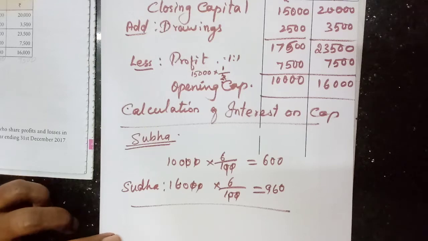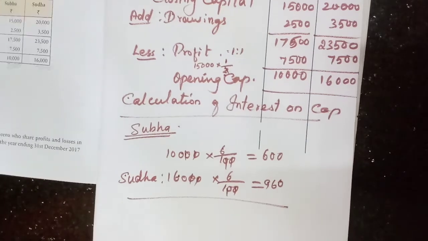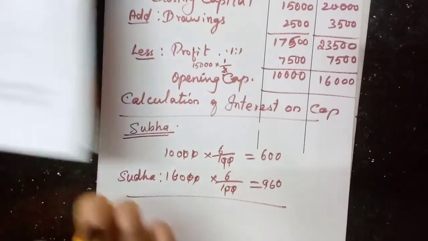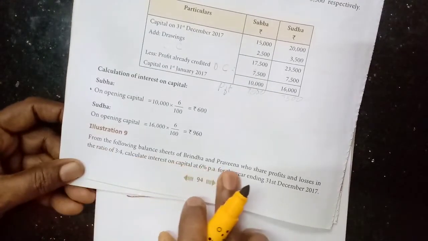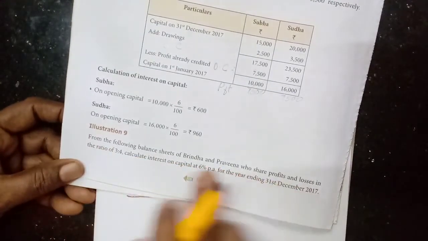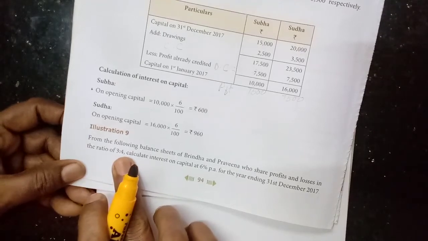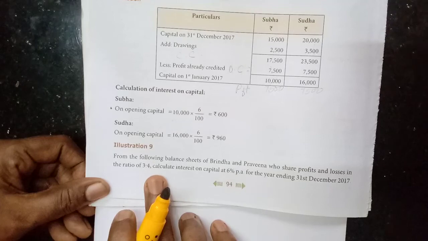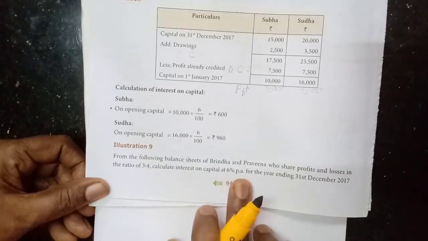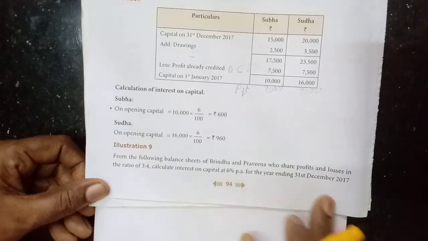Okay, now we will read the next illustration. From the following balance sheets of Brinda and Pravina, who share profits and losses in the ratio of 3:4, calculate interest on capital at 6% per annum for the year ending 31st December 2017.